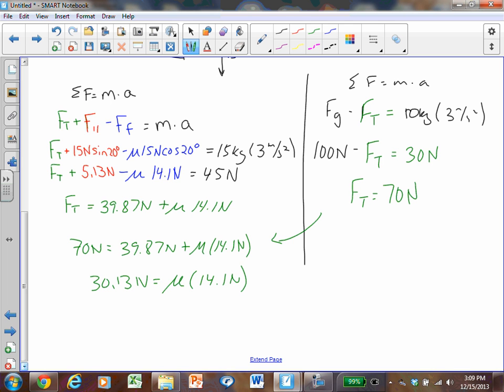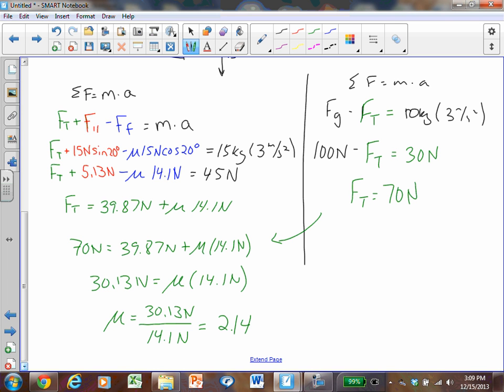So mu equals 30.13 newtons over 14.1 newtons, or 2.14 is our mu. That's quite a sticky surface.